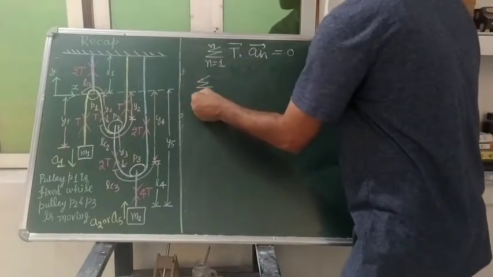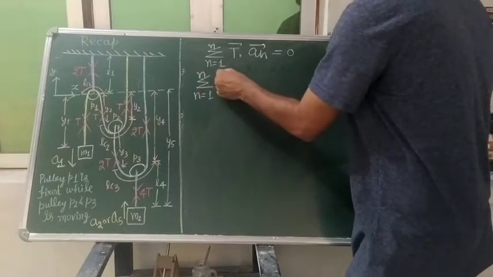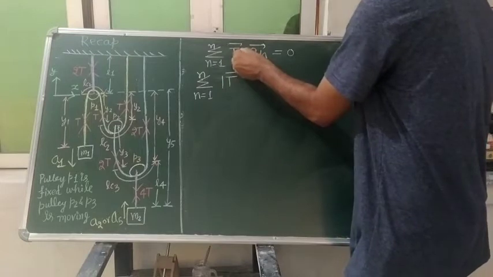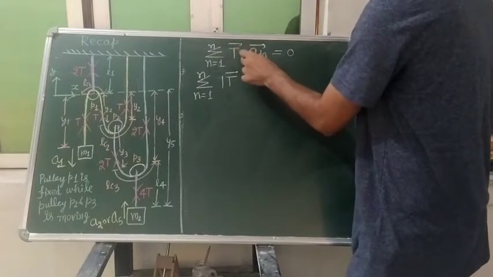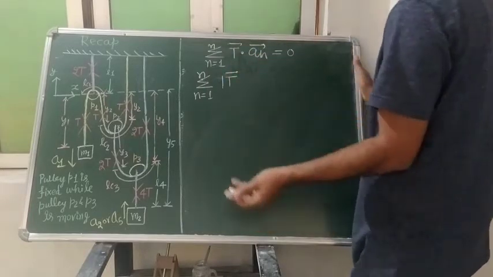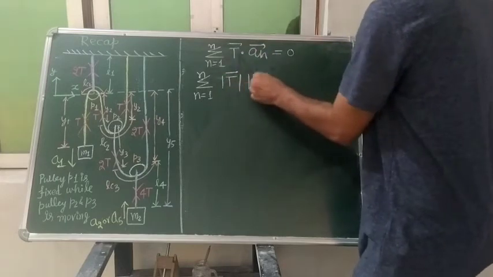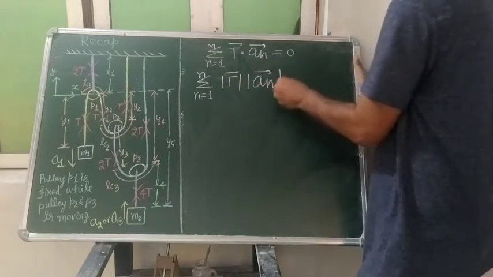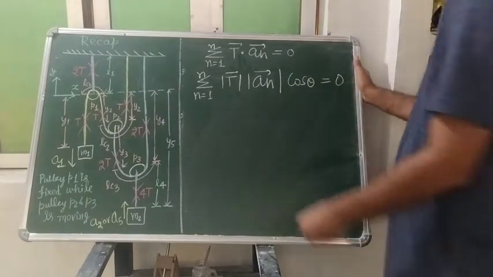The dot product is nothing but a dot you make in the middle, because when you write the dot at the bottom, that represents multiplication in mathematics, but the dot will be in the middle. Keep that in your mind. Here, the magnitude of T times a times cos theta should be equal to 0.